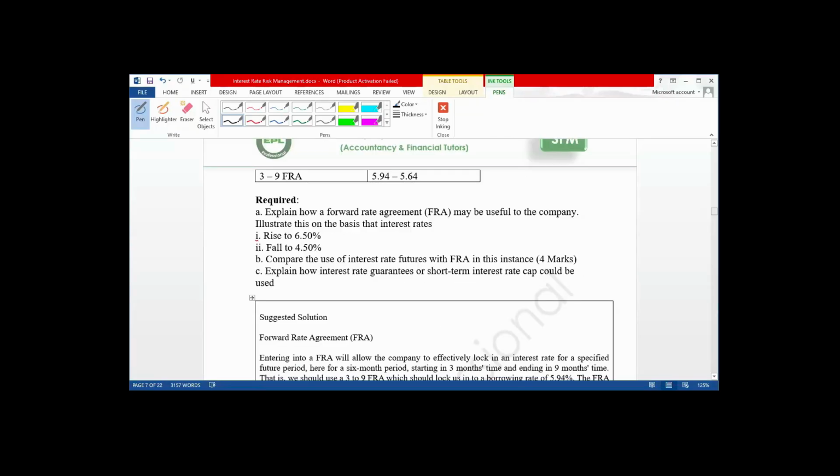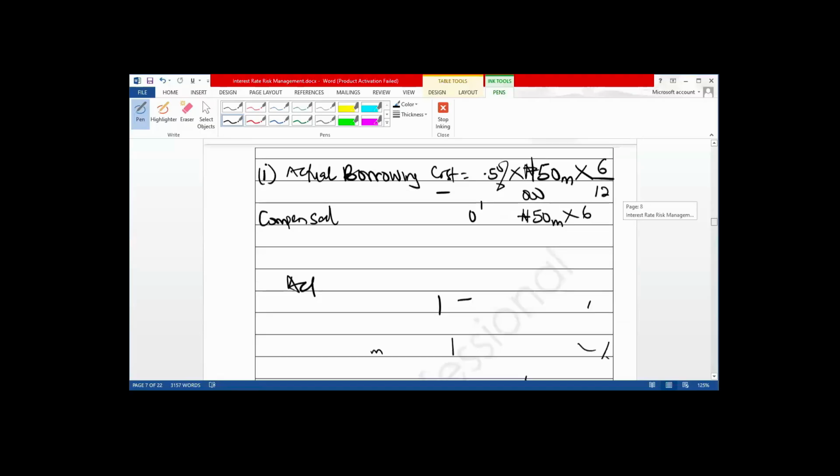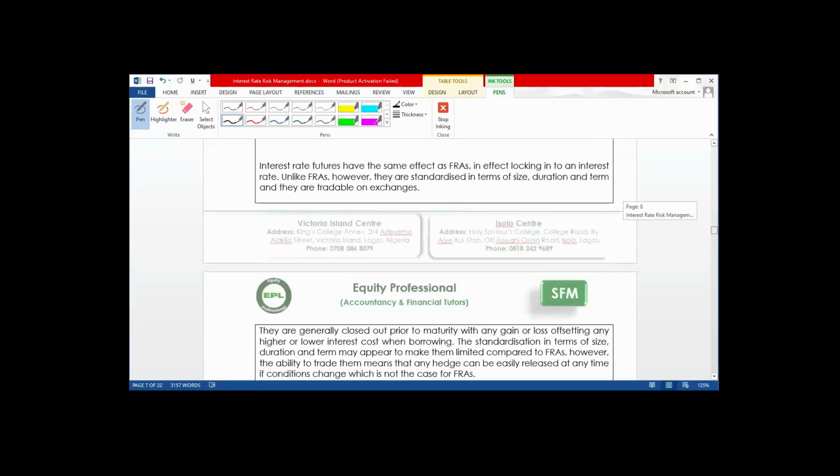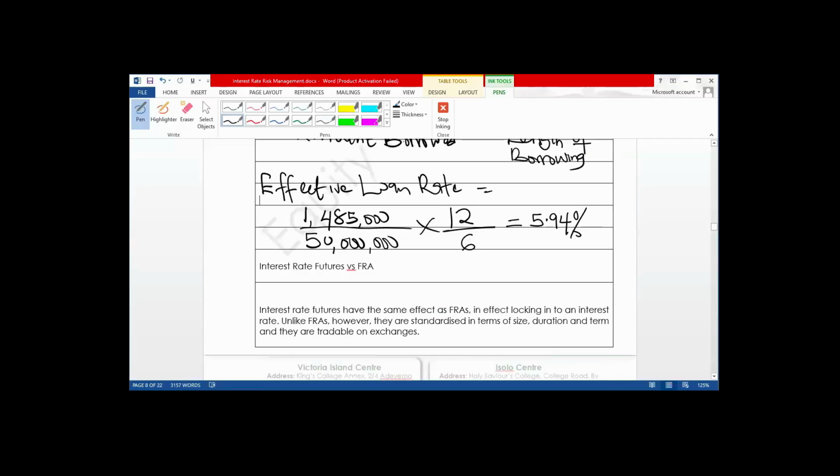Compare the use of interest rate futures with forward rate agreements in this instance. Interest rate futures have the same effects as forward rate agreements. In effect, locking the company into an interest rate.